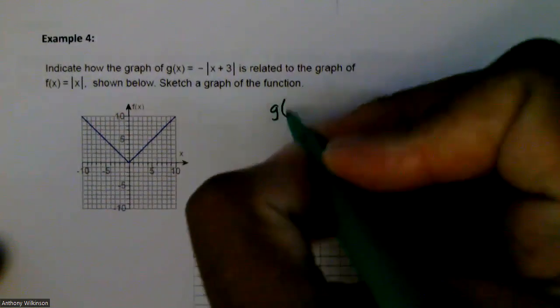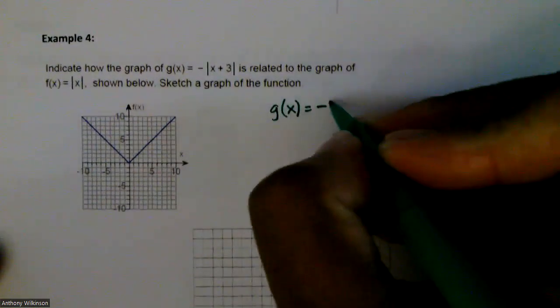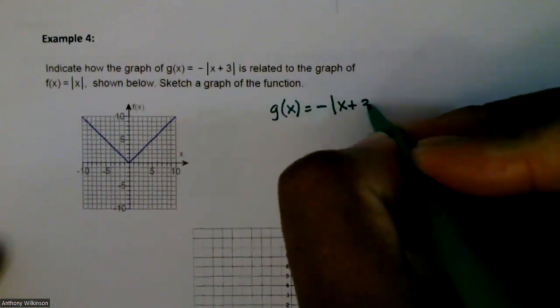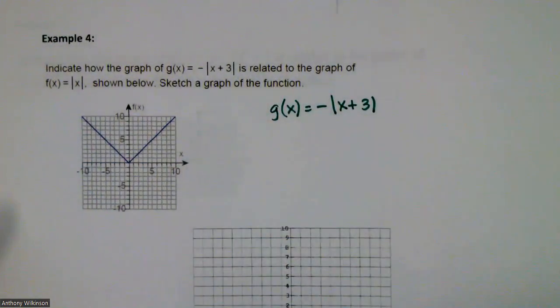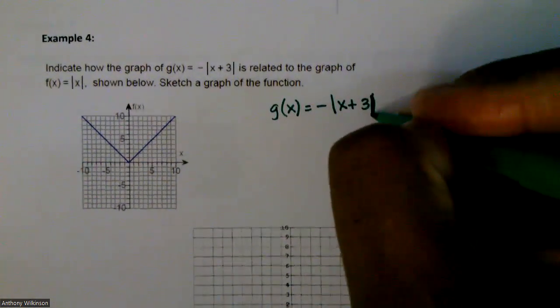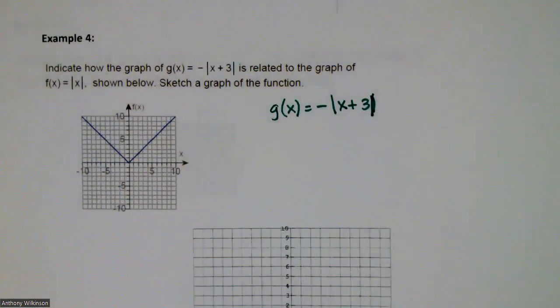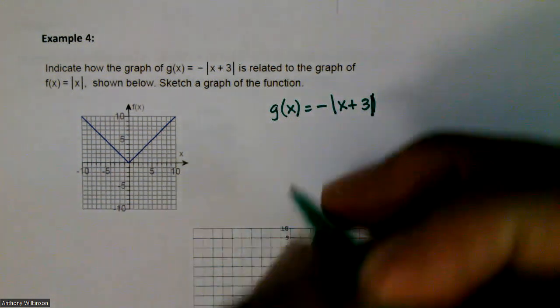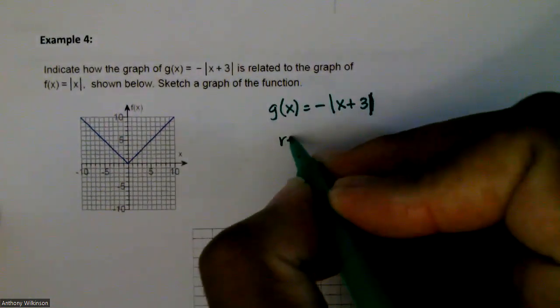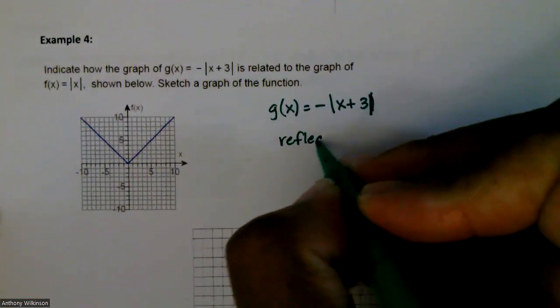So let's take a look at this right here. We got g of x is equal to negative of the absolute value of x plus 3. Notice the negative sign is in front, so that means that there is a reflection about the x-axis.